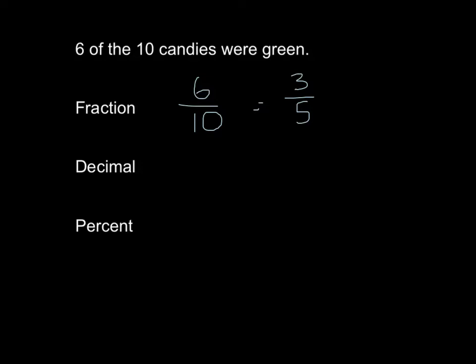Now changing this to a decimal, if I know that 6/10 of my candies were green, then just saying it in a decimal format, that would be 0.6, which is 6/10. Now, how I would go about changing that decimal to a percentage is I would look at my decimal and move it to the right by 2 places. 1, 2.